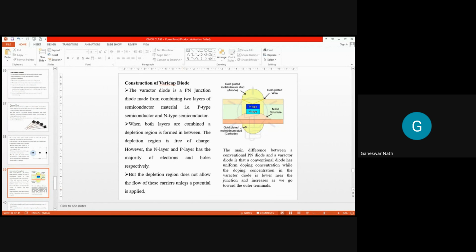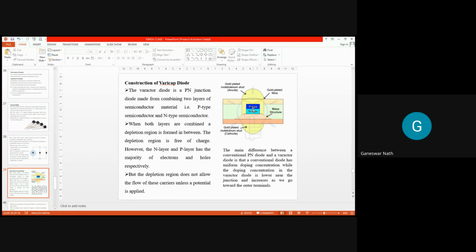The main difference between a conventional p-n diode and the varactor diode is that a conventional diode has uniform doping concentration, while the doping concentration of the varactor diode is lower near the junction. Near the junction you can find the doping is very low, and it increases as you go towards the outer terminals.